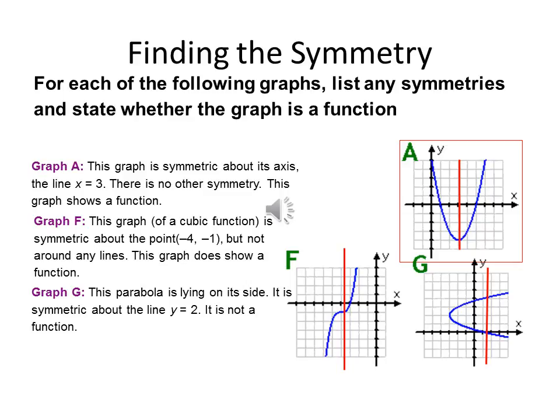This graph of a cubic function, which you should have been able to identify offhand, is symmetric about the point -4, -1, but not around a line. This graph does show a function. Once again, we could already tell based off of it being a cubic function, and it also passes the vertical line test. Let's go to graph G.